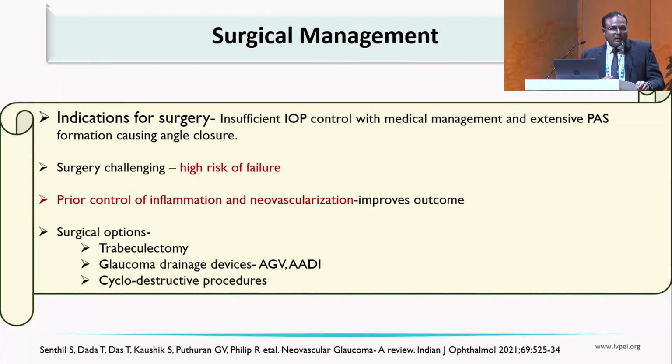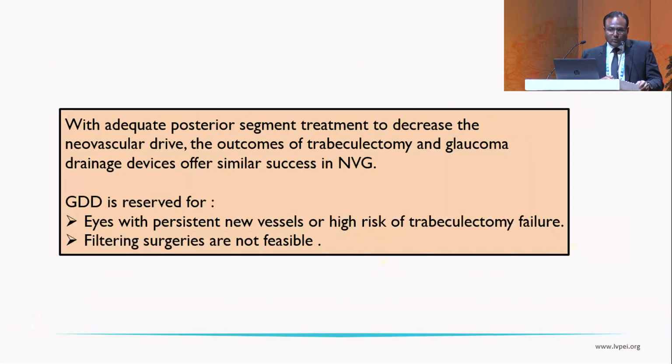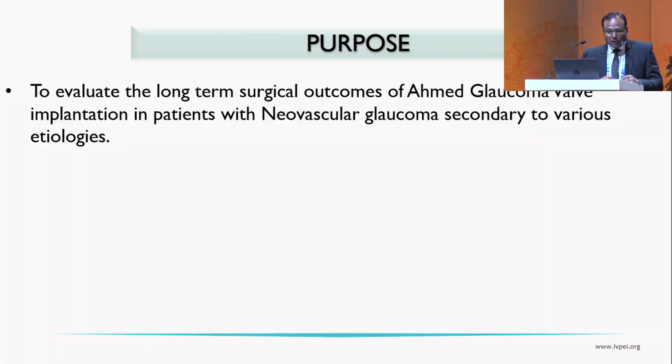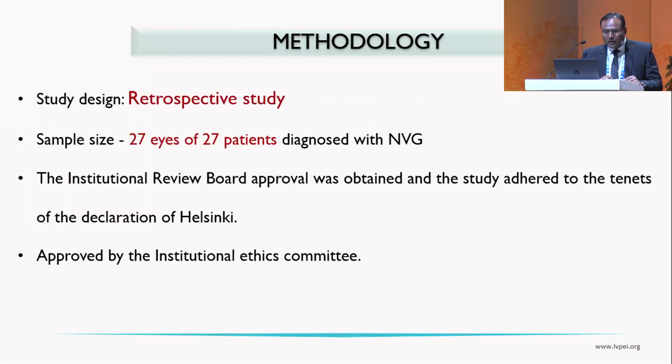While talking about our learning from literature, in routine clinical practice, glaucoma drainage devices are reserved for eyes with persistent new vessels or high risk of trabeculectomy failure, or wherein the filtering surgeries are not feasible. So in our study, we tried to evaluate the long-term surgical outcome of Ahmed glaucoma valve implantation in patients with neovascular glaucoma secondary to various etiologies. Ours was a retrospective study wherein we included 27 eyes or 27 patients diagnosed with NVG.